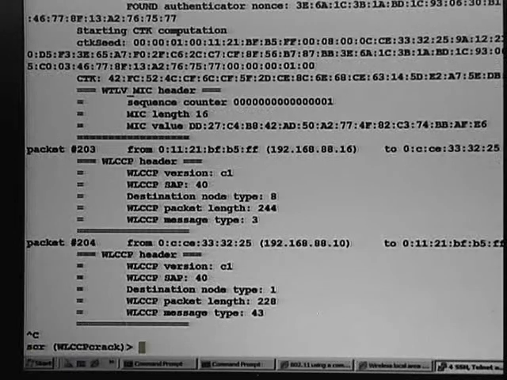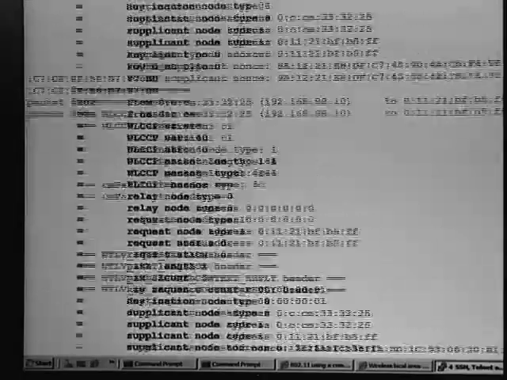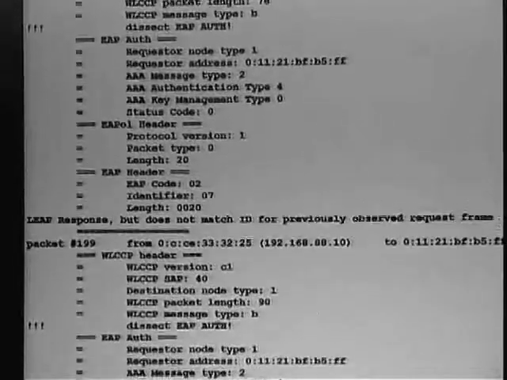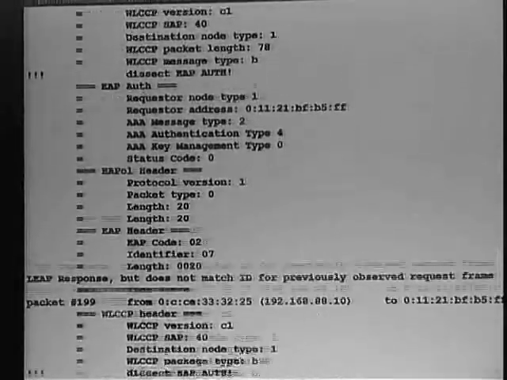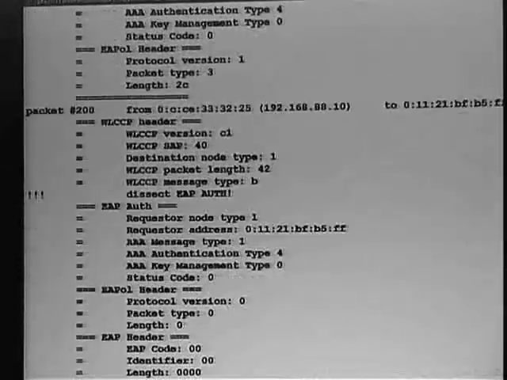Great. So I will scroll up a little bit just to see it from the beginning. These are all packets. So okay, this is LEAP response.